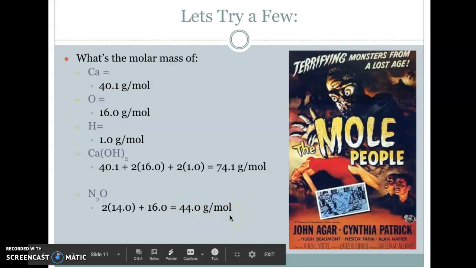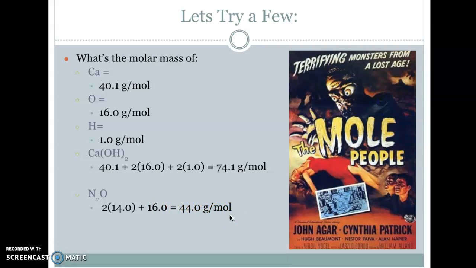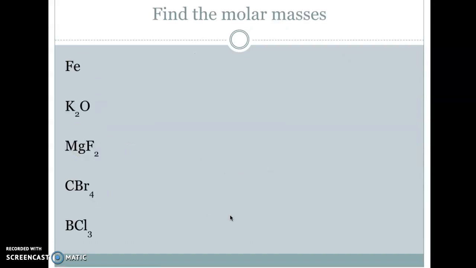So that's how we do molar masses. We're just adding together masses from the periodic table. Okay, so find the molar masses of those. Again, pause the video until you're all done, and then I'll show you the answers in just a little bit.